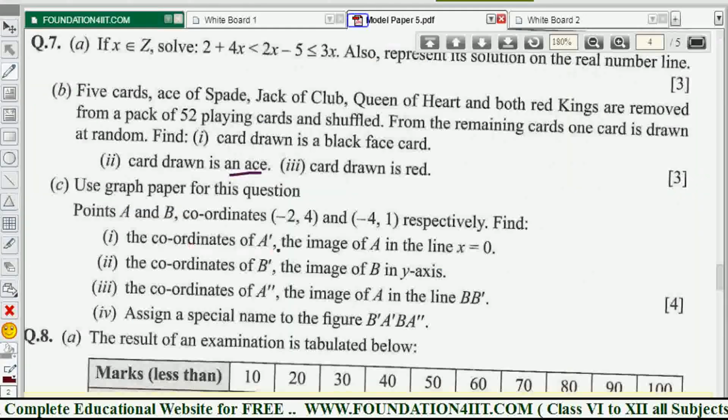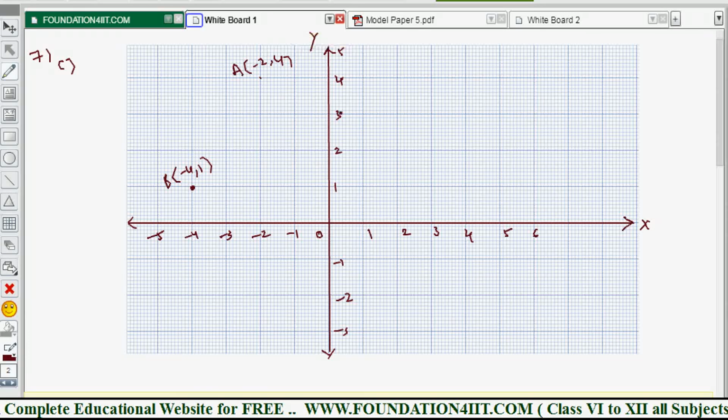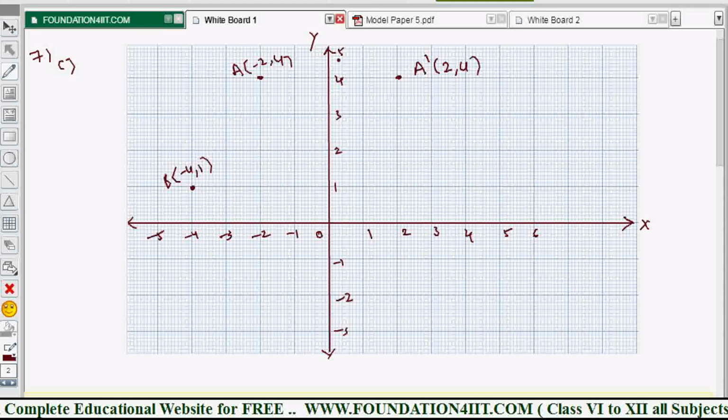The coordinates of A dash, the image of A in the line x is equal to 0. So A dash is the image of A. Minus 2, 4 becomes 2, 4. x equals 0 means the line is parallel to the y-axis. Since A is minus 2, 4, A dash should be plus 2, 4, because x is equal to 0.